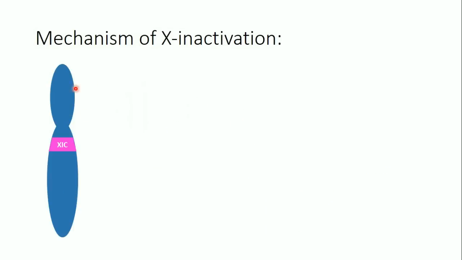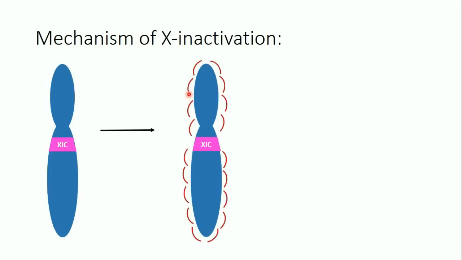So this is the normal X chromosome, and then XIC starts to produce the stable RNA, and the RNA covers the X chromosome. In this case, the X becomes the inactivated X chromosome, and after all the modifications I told you about, the X chromosome is tightly compacted together and becomes a Barr body.